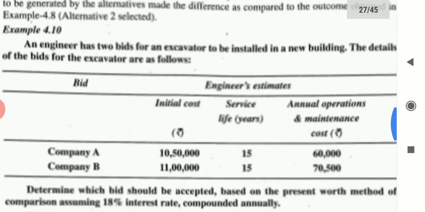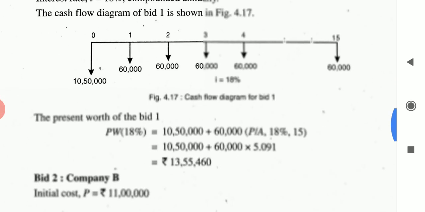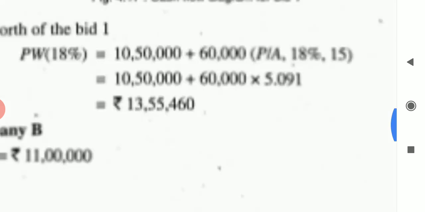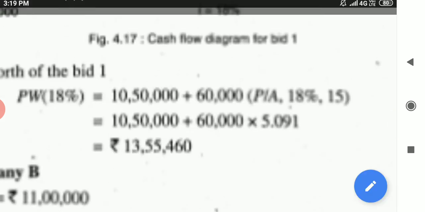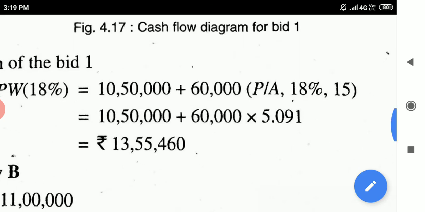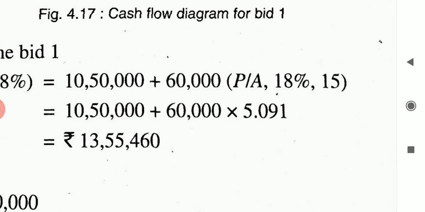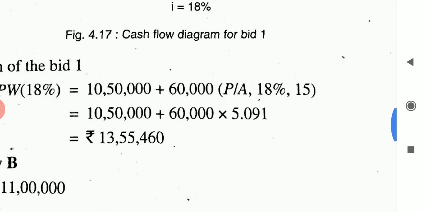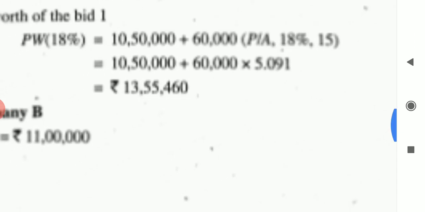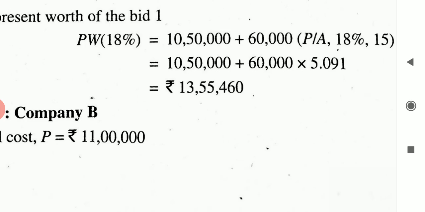This formula will apply here and we will get 5.091, and plus salvage is 0, that is nothing but 0. By using this we will get the present worth for company A, and the same formula for company B.